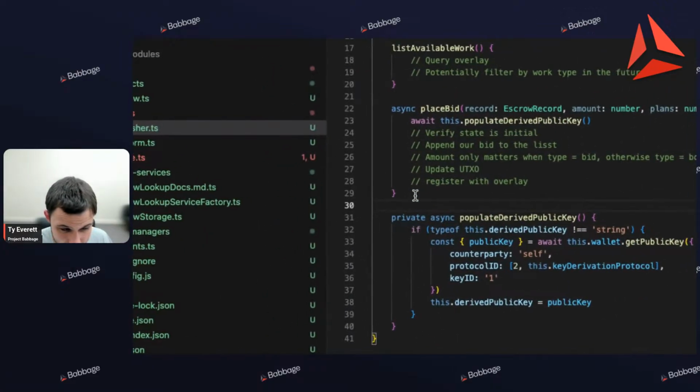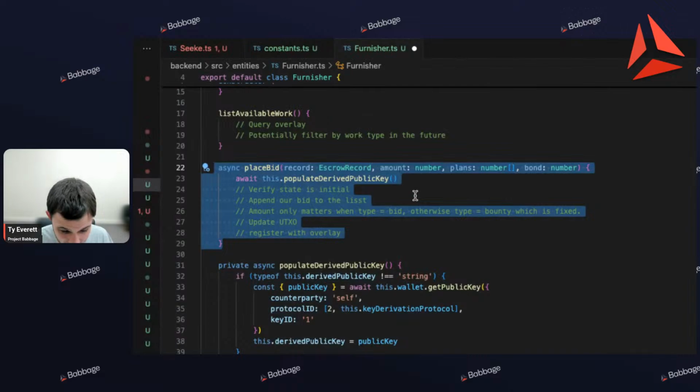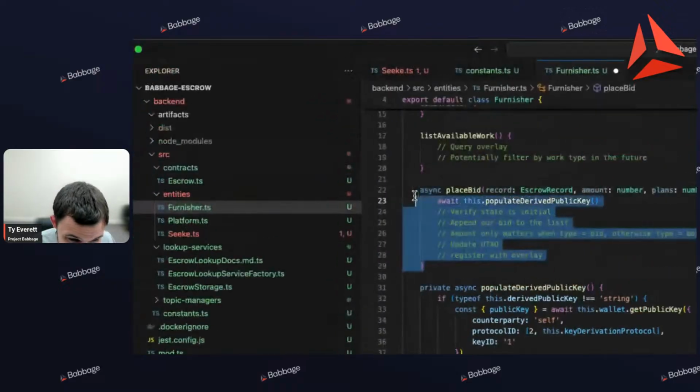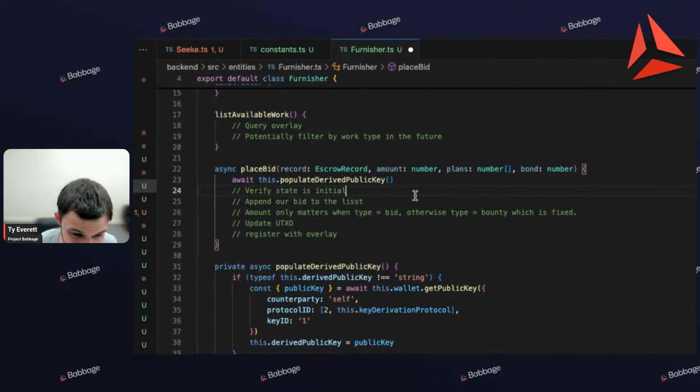So this method will apply to a furnisher accepting a bounty or placing a bid. If the contract is a bounty, then the amount of the bid is fixed at the bounty amount. But if the contract is of type bid, then they can actually bid on the contract.